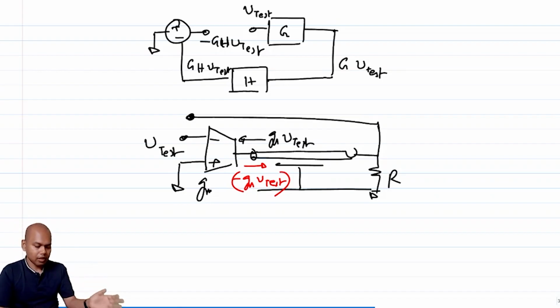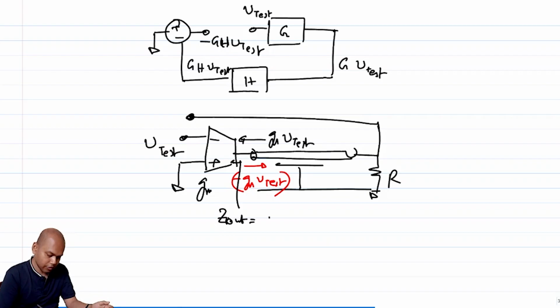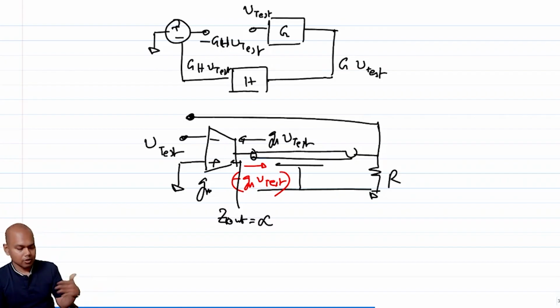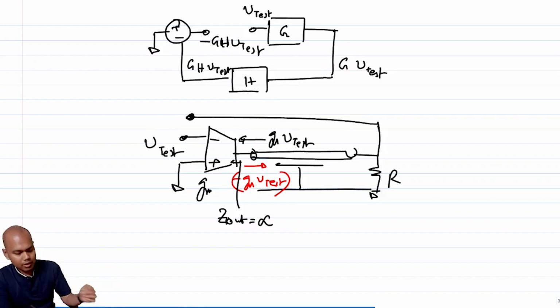And no current can flow into a voltage controlled current source, right? So essentially the impedance looking into this is infinite. So the total current is essentially the current that is launched, right? So that current is going to move forward. So minus GM times V test current is going to move forward, and after some time tau d, it is going to appear at the other side.